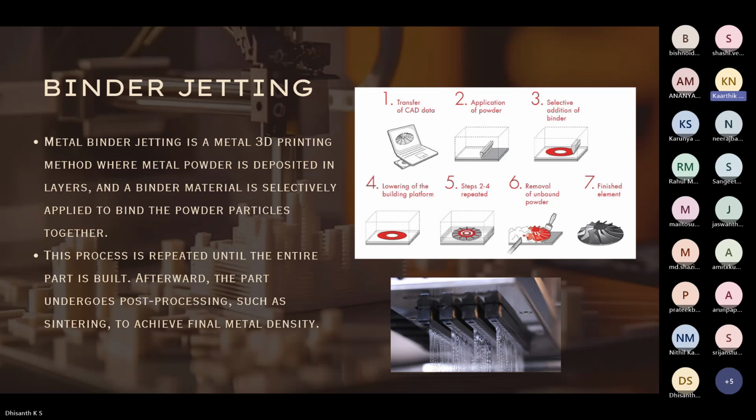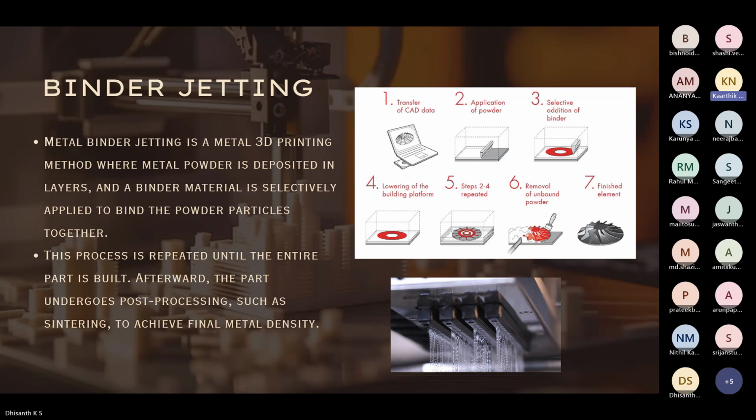Likewise, when these layers are finished, after we get the final product, we remove the unbound powders, and finally we get the finished element. This process is repeated until the entire part is built.